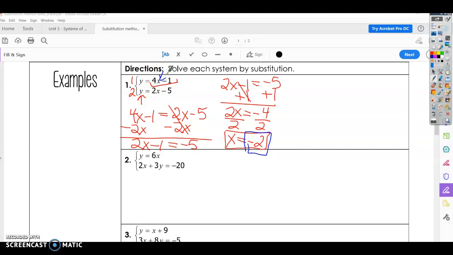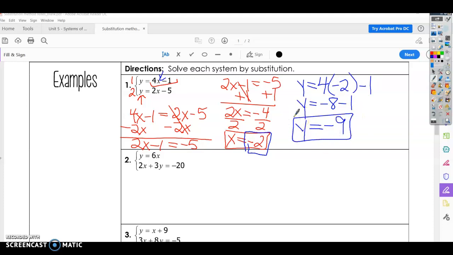You really can use either equation because we just need to find the y value. So y equals 4 times negative 2 minus 1. All I did was take this equation and substitute my x value. So y equals negative 8 minus 1, y equals negative 9. That is my y value.